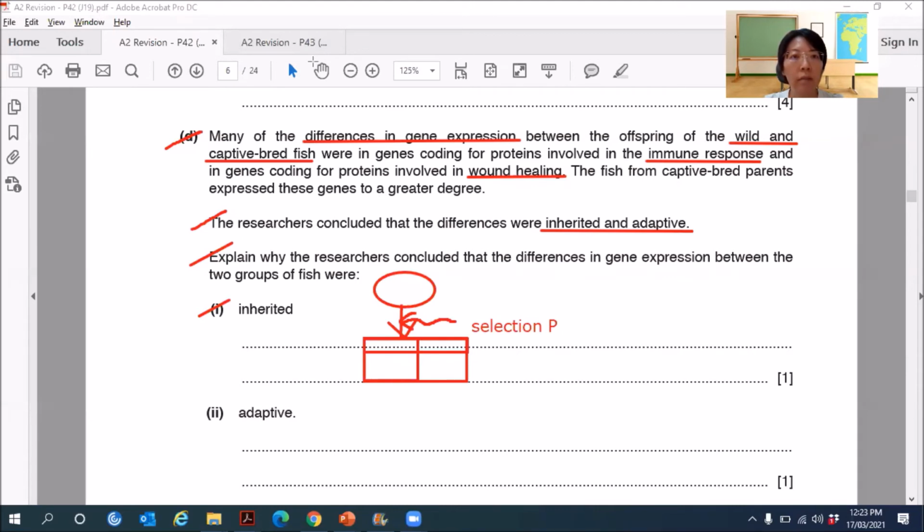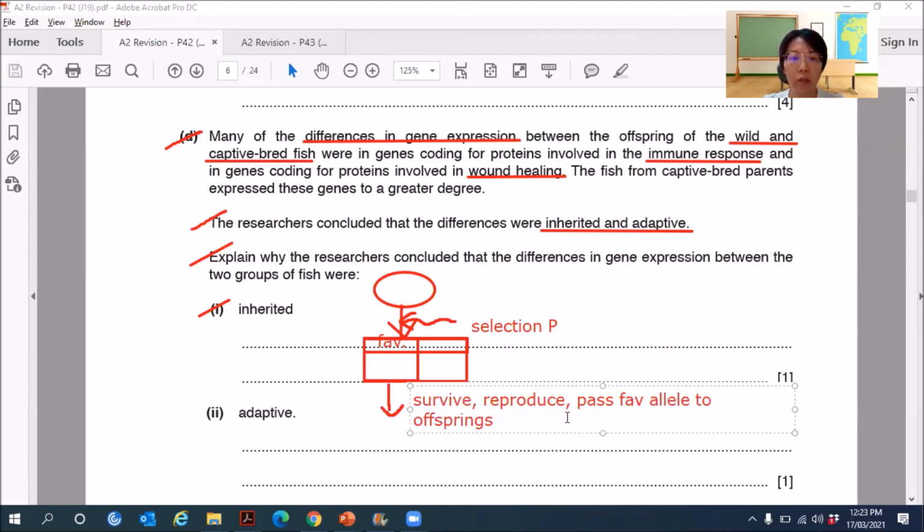So keywords, this organism here, right, this group with favorable phenotype, genotype, and gametes, favorable, okay? Keyword survive, keyword reproduce, pass the favorable allele to the offsprings. So these are all the keywords.